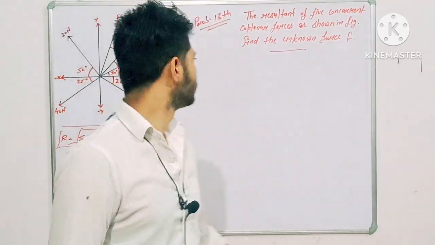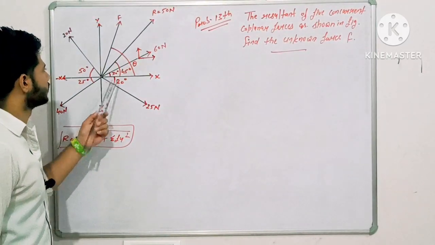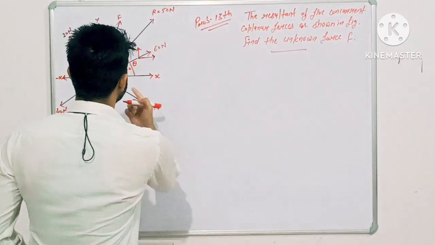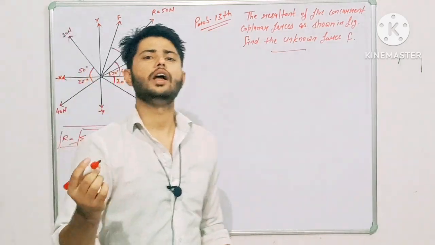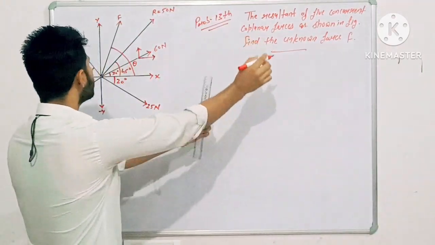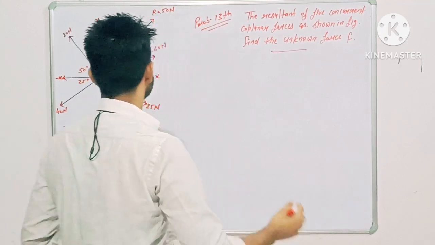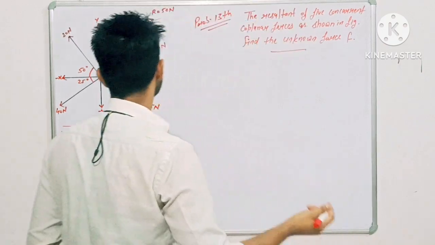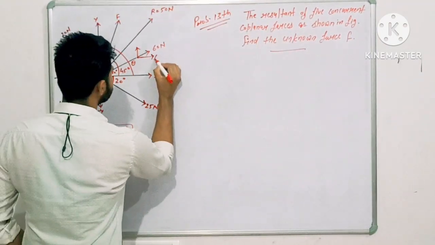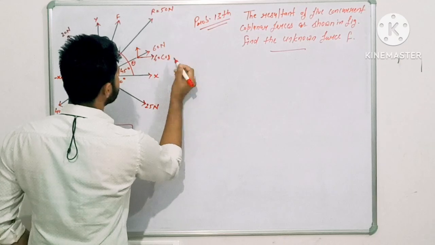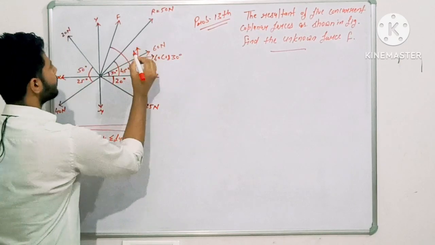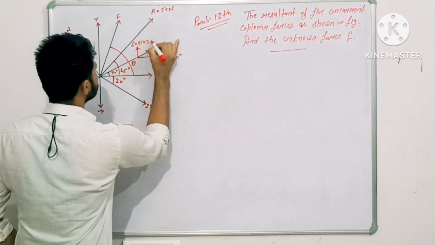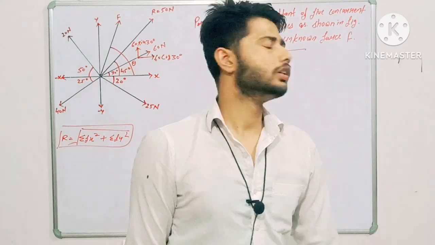Now we use the angle with the horizontal axis. This 60 Newton force is inclined at 30 degrees from the x axis, so take cos of the angle with the x axis. If you want to take the angle with the vertical, then you have to take cos with the vertical. So 60 cos 30 degree, and the same above, 60 sin 30 degree.